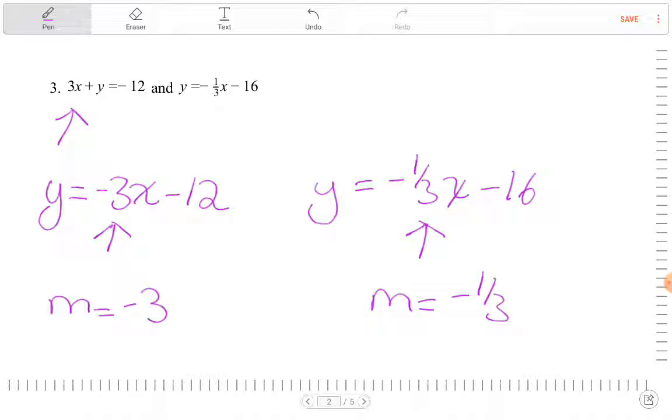So they are reciprocals of each other, but because both slopes are negative, they're not opposite reciprocals, they're just reciprocals. So in this case, I would have to say those lines are neither. They're not parallel, they're not perpendicular, they meet somewhere, but they're not special lines. In this case, you just say neither.